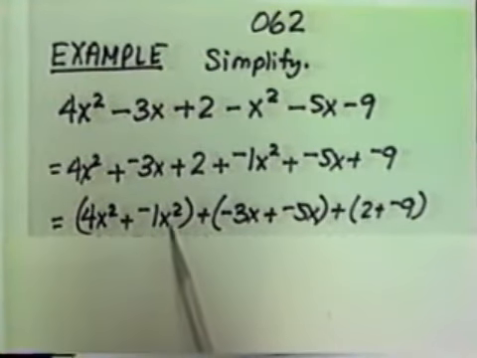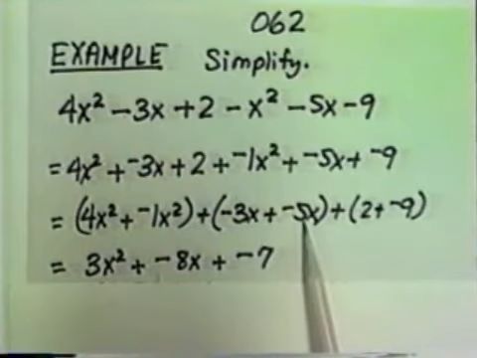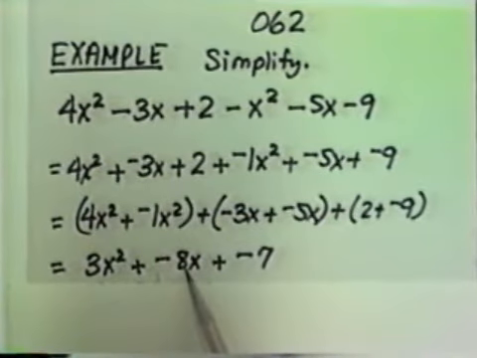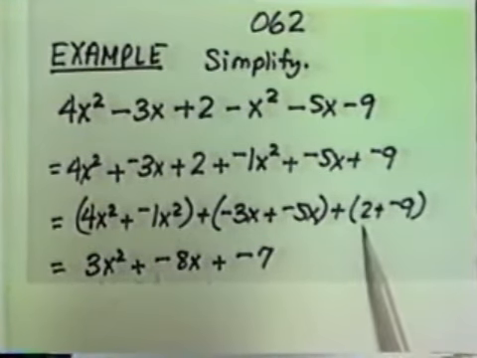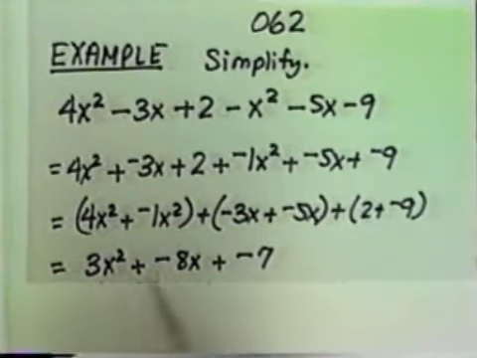4x squared, add negative 1x squared is 3x squared. Negative 3x, add negative 5x is negative 8x. And 2 add negative 9 is negative 7. The answer can be left in this form: 3x squared, add negative 8x, add negative 7.